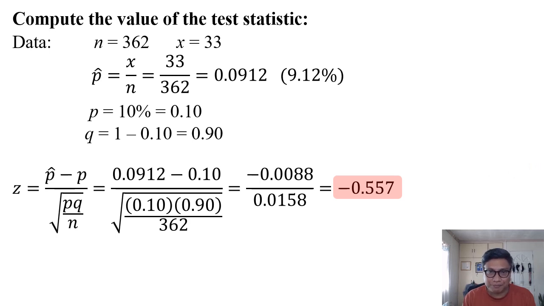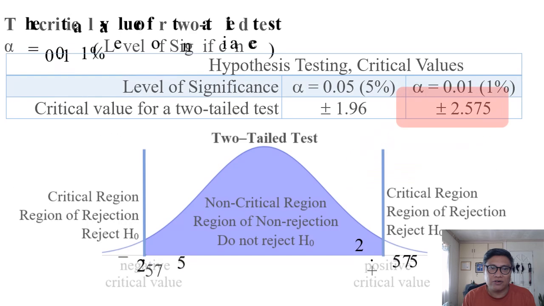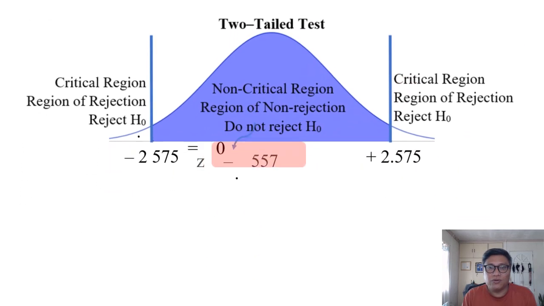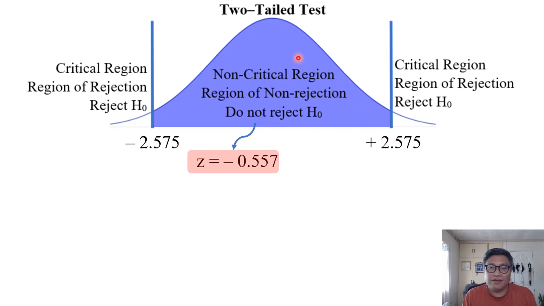This is the one that we are going to compare against the critical values at 1%. Because the level of significance alpha, class, is 1%, we have to choose positive and negative 2.575. This is what we're going to put into our graph. Given the critical values of negative 2.575 and positive 2.575, we can locate the computed z-value, class, of negative 0.557.